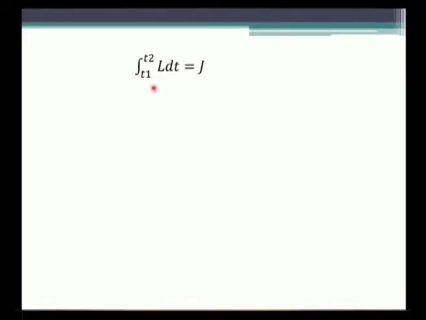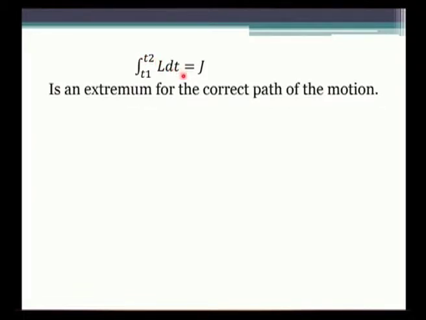Alternatively, the same Hamilton's principle can be defined as follows: Hamilton's principle postulates that the motion of a dynamical system from time t1 to t2 is such that the line integral between t1 and t2 of L dt is equal to J, which is an extremum for the correct path of the motion.